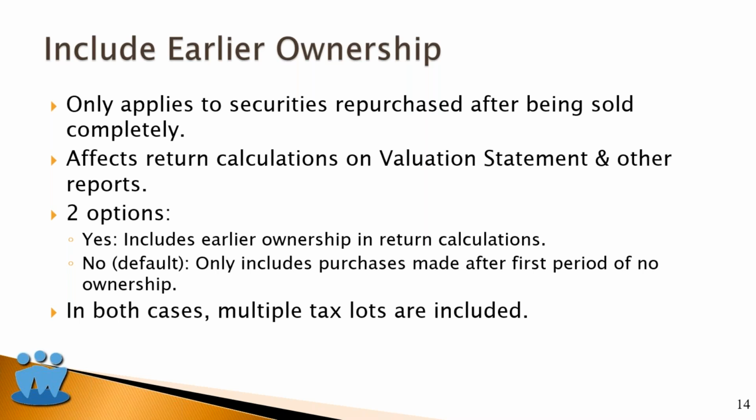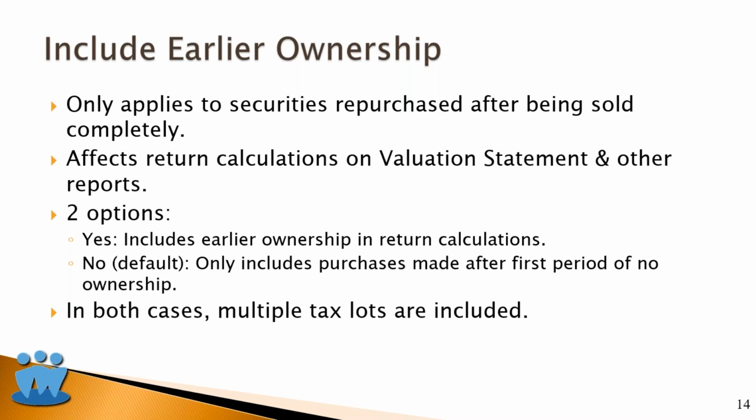So the option is everything or only the most recent tax lot or series of tax lots. It doesn't affect if you purchase a stock and then you repurchase it and you repurchase it and you add to that position over time. This setting has no impact on it. It only impacts when you clear out the position entirely and repurchase the exact same security.